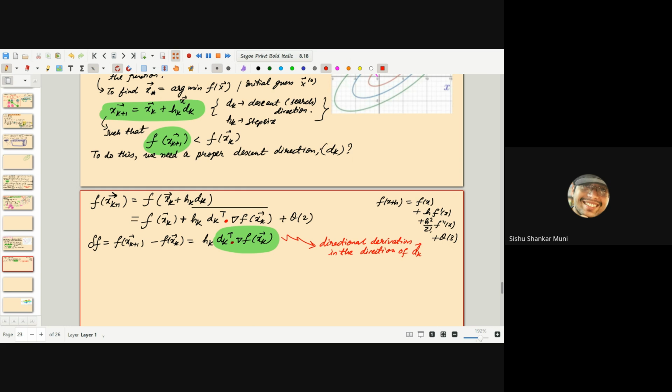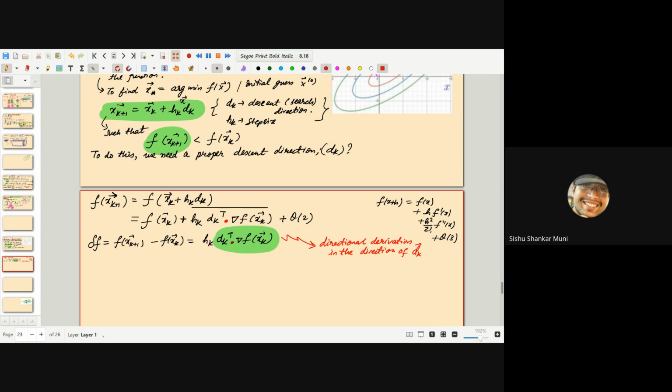I hope you have known the term directional derivative in your previous studies. Those who have undergone multivariable calculus in their bachelor's or high school would be knowing this directional derivative. Even in physics, if someone has studied electromagnetism or energy principles, they might have gone through this multivariable calculus. And you know that this is directional derivative.